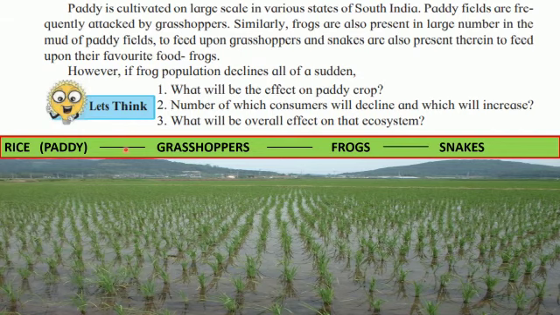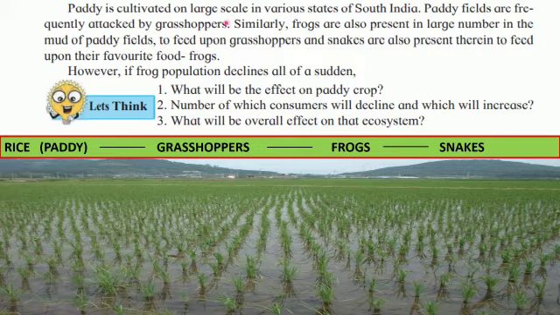Here we have a very nice example to show how the entire food chain gets affected if just one group of organisms gets disturbed. If any one particular group of organisms gets disturbed, then it affects the entire food chain, is what we are going to study with this example.